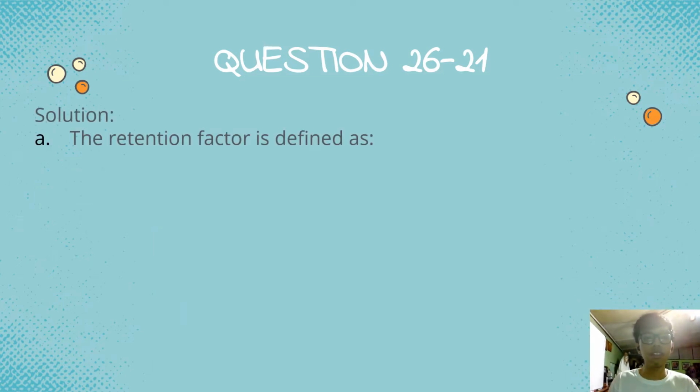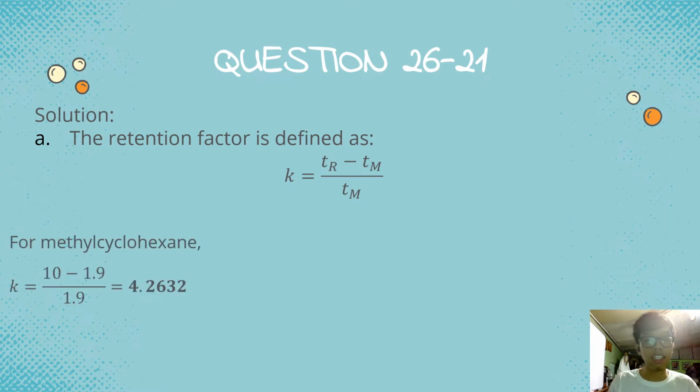Now for the solution, the retention factor is defined as k is equal to tR minus tM over tM, where tR is the retention time of the component and tM is the retention time of the carrier gas, which in this case is air. So for methylcyclohexane, with the tR of 10 and the tM of air at 1.9, that gives us a value of 4.2632.